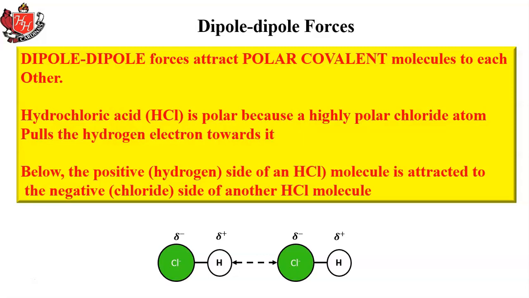What that does is leave that hydrogen proton, which is the nucleus of the hydrogen, exposed. And so it is then attracted to the other chlorine. That is what's called a dipole-dipole force, where a positive dipole of one molecule is attracted to the negative dipole of a second molecule.